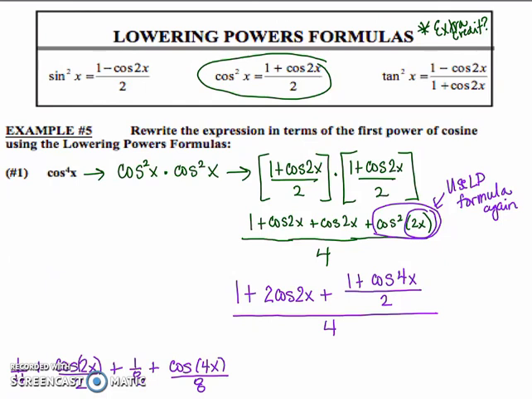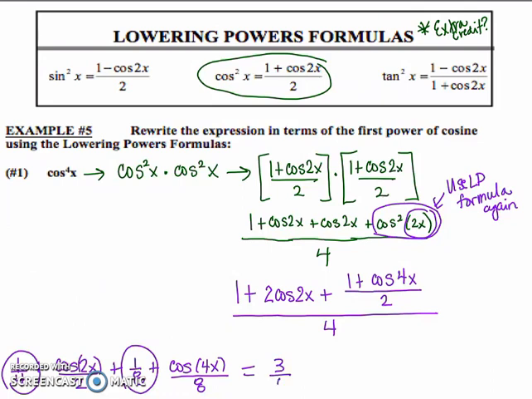And then perhaps the last thing that we could do here is combine like terms. So we've got our 1/4, and we've got our 1/8. So if I turn 1/4 into eighths, that would be 2/8. So 2/8 plus 1/8 gives me 3/8.